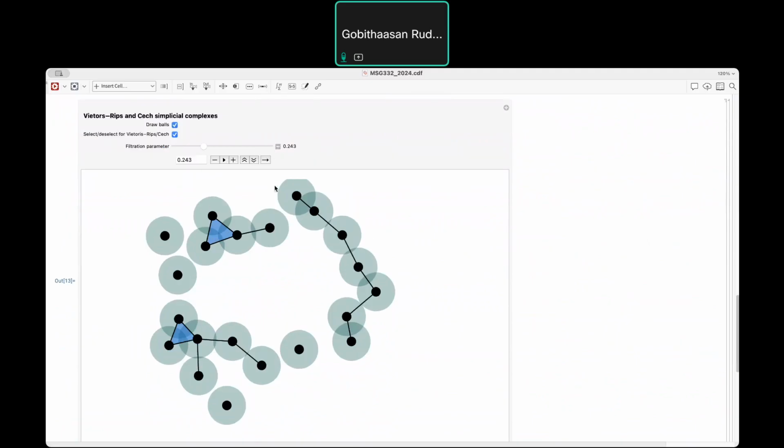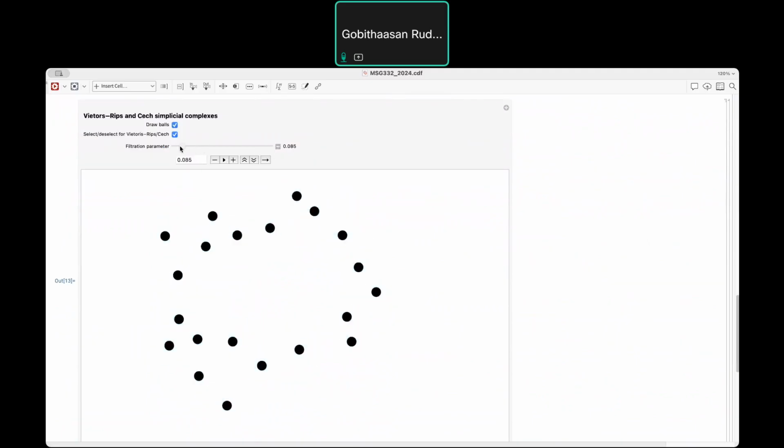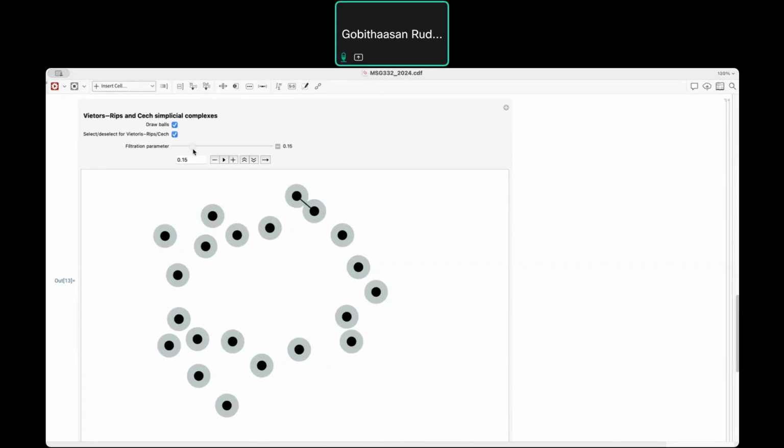In this example, you can see that at each point there is a ball. The ball is the cover for that point. As we increase the size of the ball, we see the balls intersecting each other.